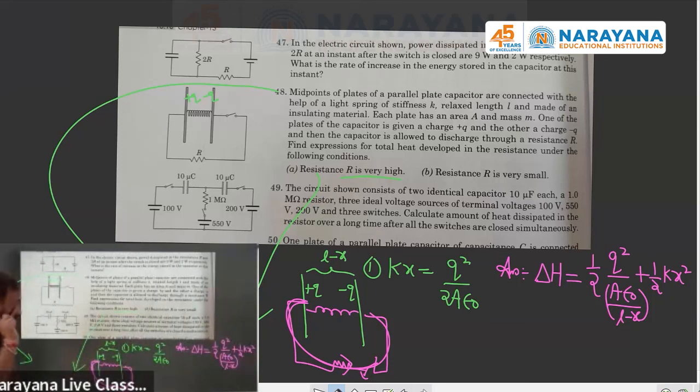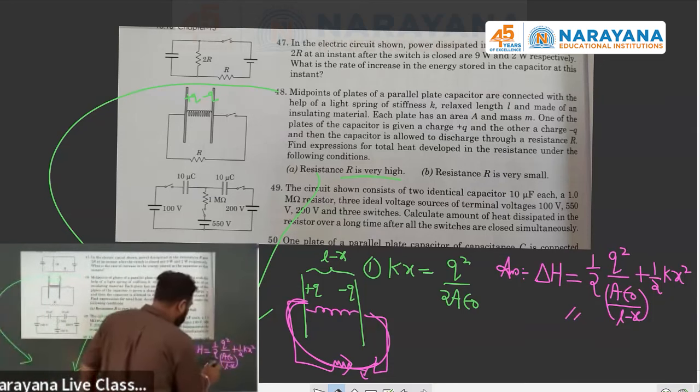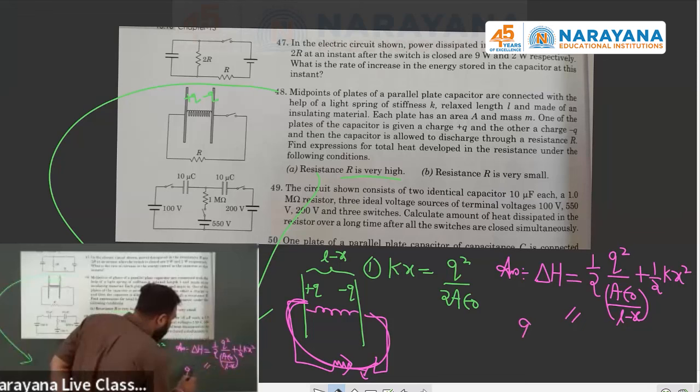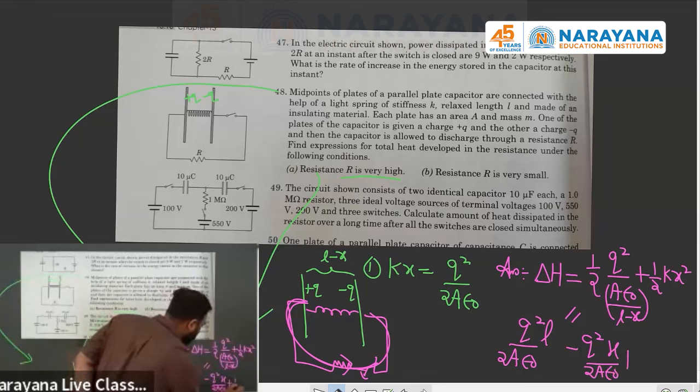Starting from that instance, things can fall in place properly, because this becomes Q square upon 2A epsilon naught L term. And then you have two terms, minus Q square x upon 2A epsilon naught and plus half Kx square term.